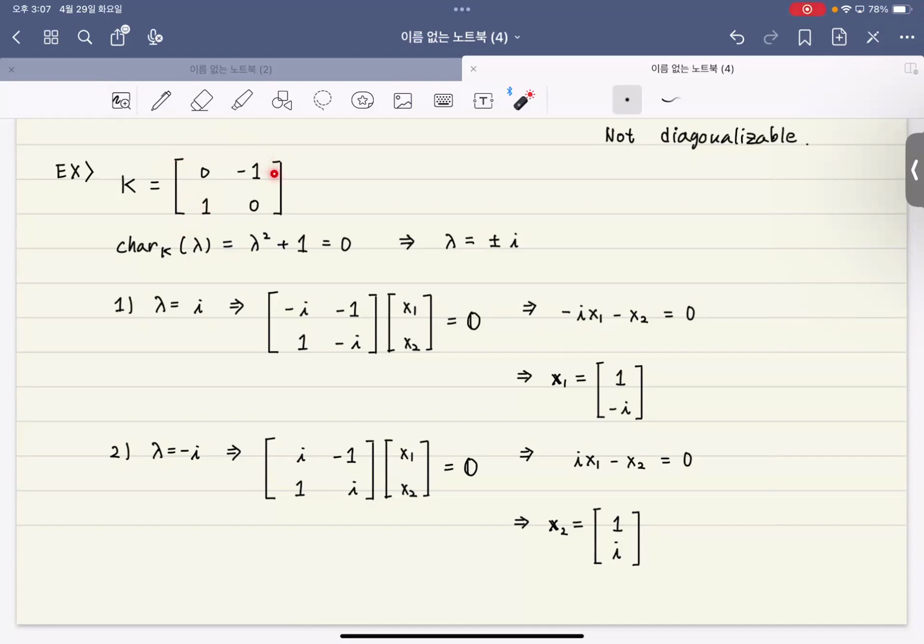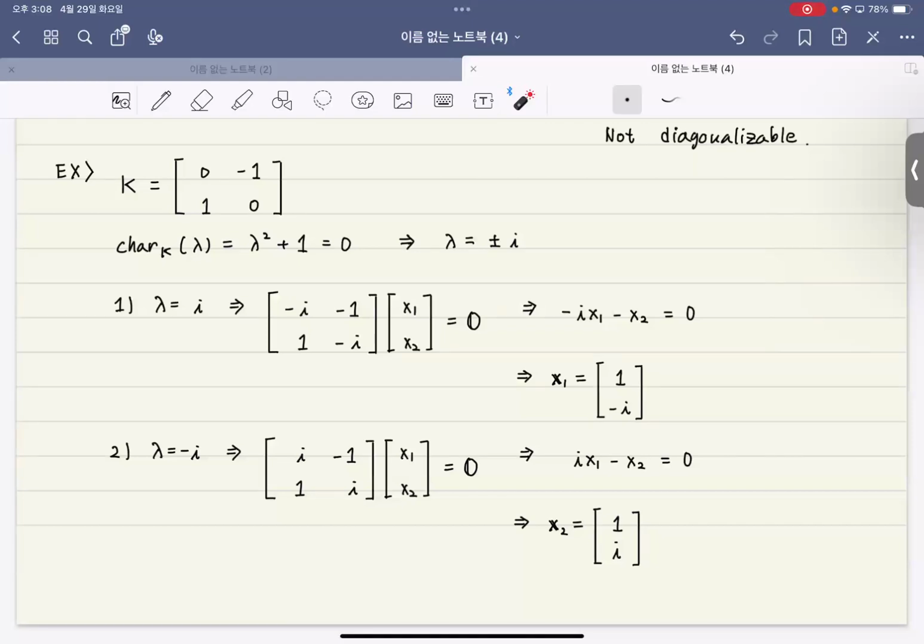This is a matrix whose characteristic polynomial is an irreducible degree 2 quadratic polynomial. So lambda is plus or minus i, and when lambda is i, it has this eigenvector, and when lambda is minus i, it has this one. Even though they are complex, there is nothing to worry about.